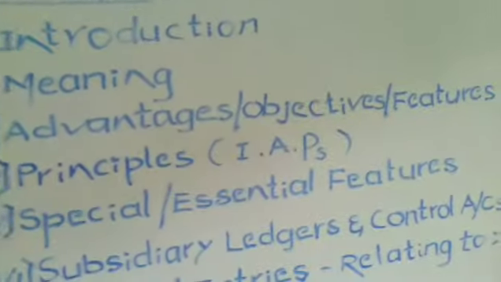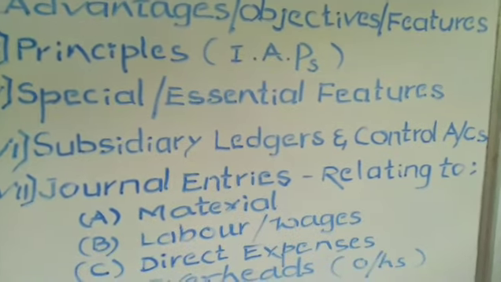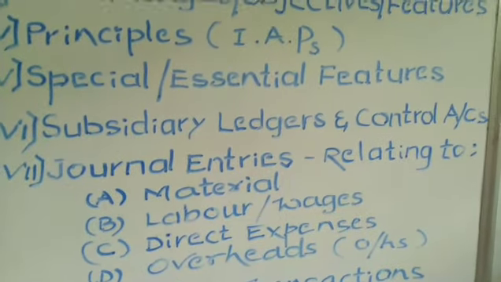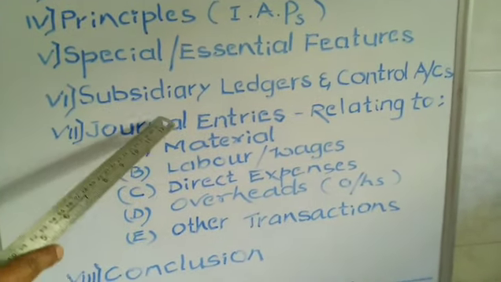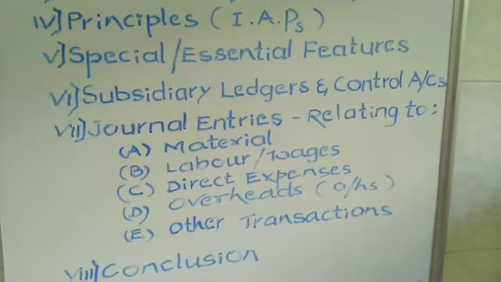And after this we have to study the various journal entries related to integrated accounting system. Particularly, first one, journal entries relating to material. There are a number of journal entries to be passed for materials are concerned. So, journal entries relating to materials. Number 1, purchase of materials, either for cash or credit.